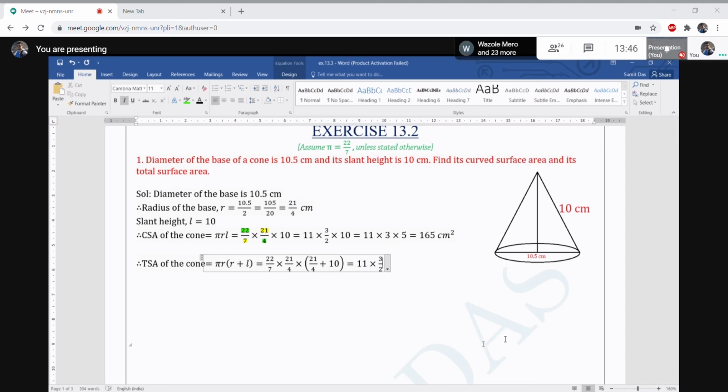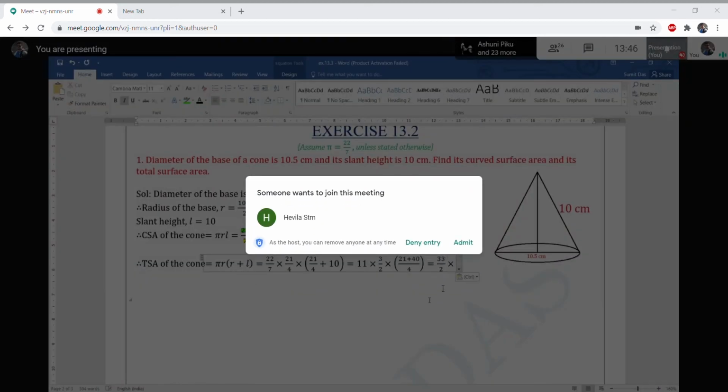Inside the bracket, with 4 as the LCM, the numerator will be 21 plus 40, which is equal to 33 by 2, then multiply with 61 by 2.